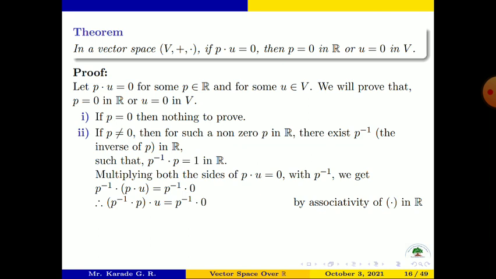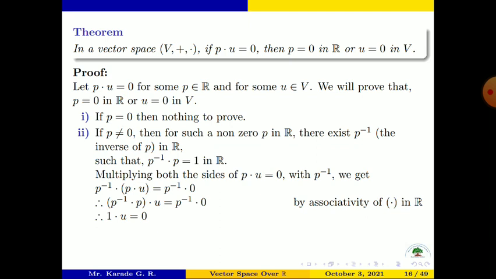By associativity of scalar multiplication in R, or associativity of scalar multiplication in V, P inverse into P into U is equal to P inverse into 0. Therefore P inverse into P is 1, so 1 into vector U is equal to, on the right hand side, 0, since any scalar into the 0 vector is the 0 vector. So 1 into U is equal to 0.